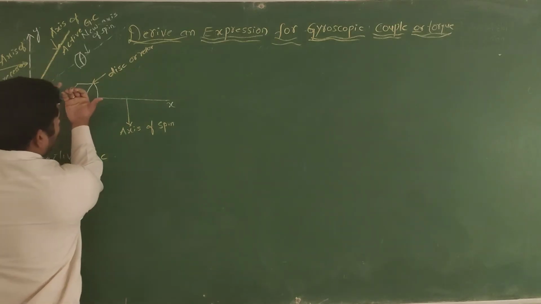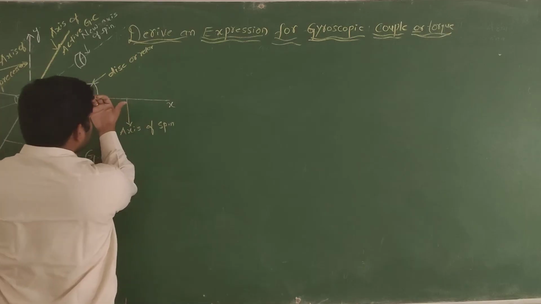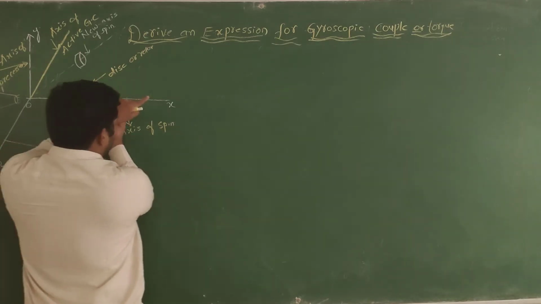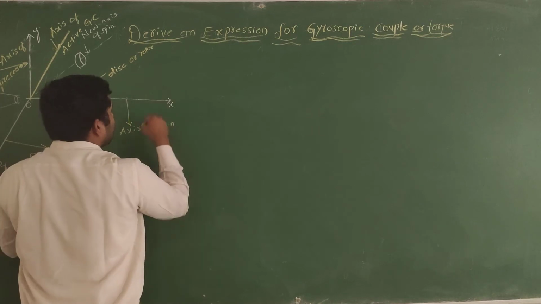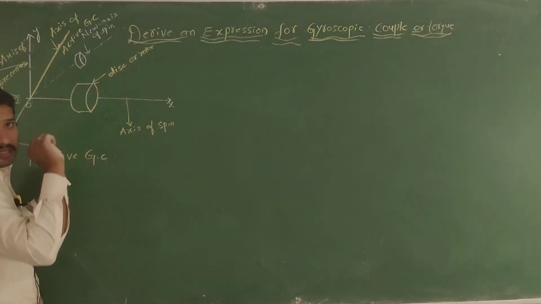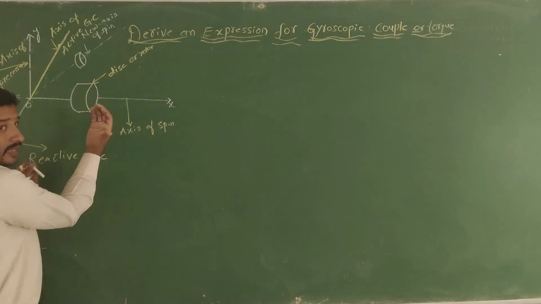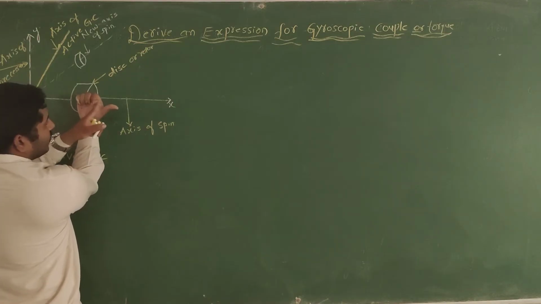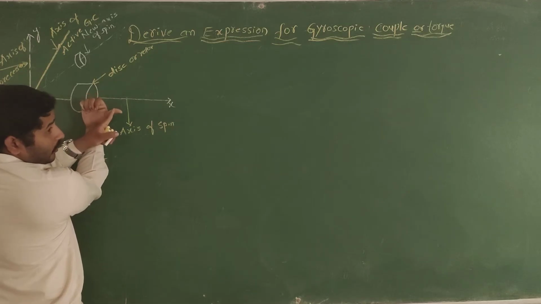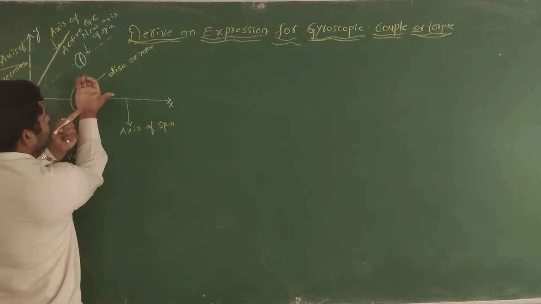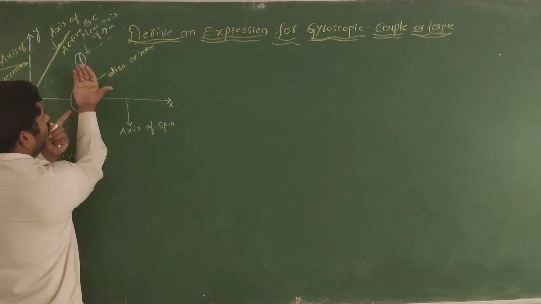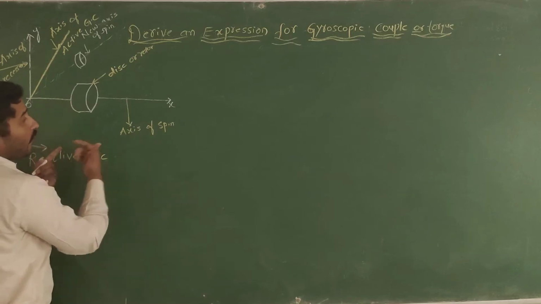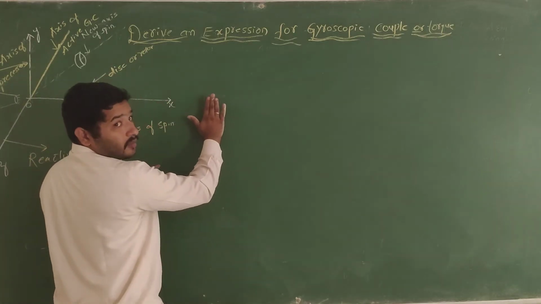So OX indicates the direction sense of the vector. The thumb indicates the direction sense of the vector, and this curve indicates the rotation of the disc in the clockwise direction if you observe from the front end.